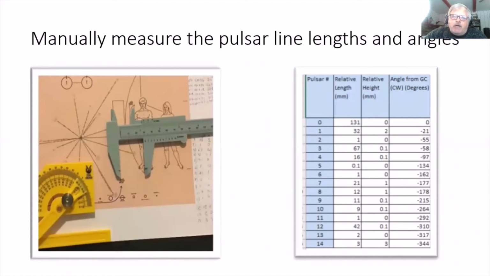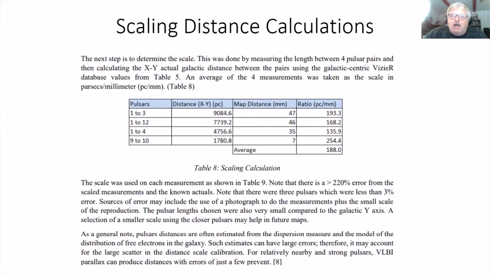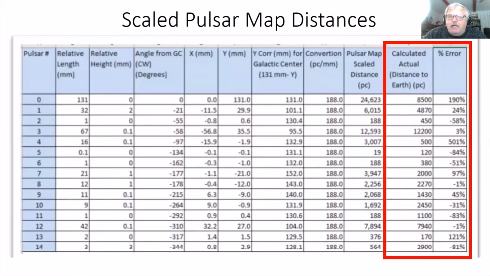The next step was to actually measure the angles. The next question was, how do I scale the distances? I had to come up with an average scale for this. What did I find out? That the pulsar map distances are not consistently accurate.